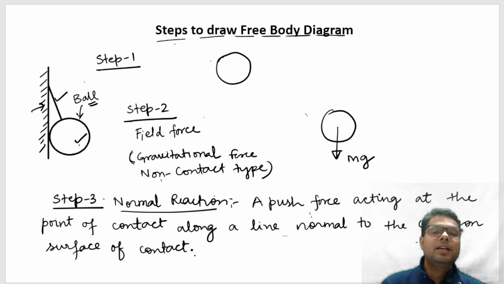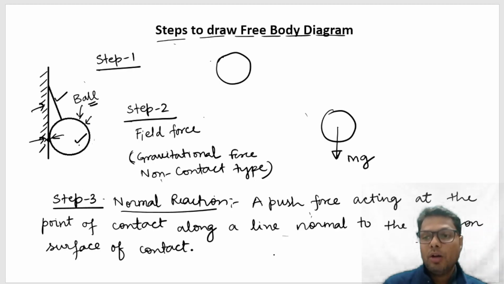Let's understand it. What is normal reaction? Normal reaction acts at the point of contact. What is the point of contact? This is the ball. Think whether this ball is making contact with some other body or surface. Just walk on the outer surface of the ball and you will find that this ball is making contact with the wall at this point.